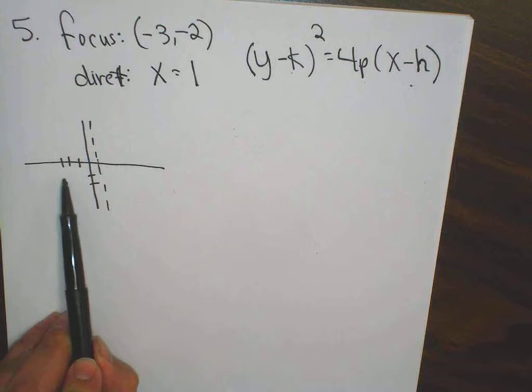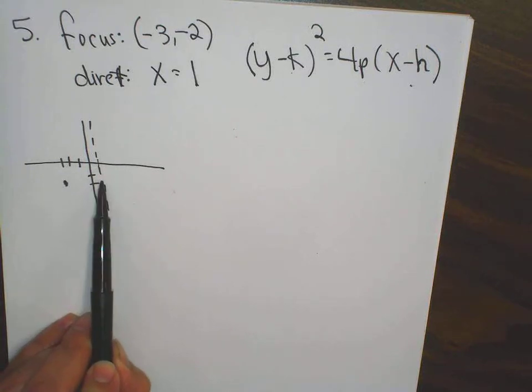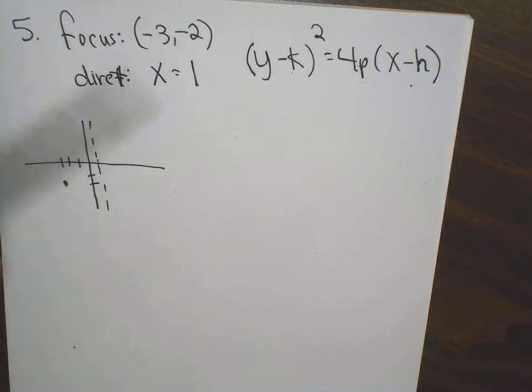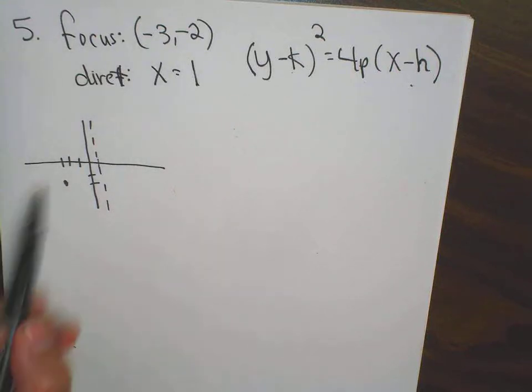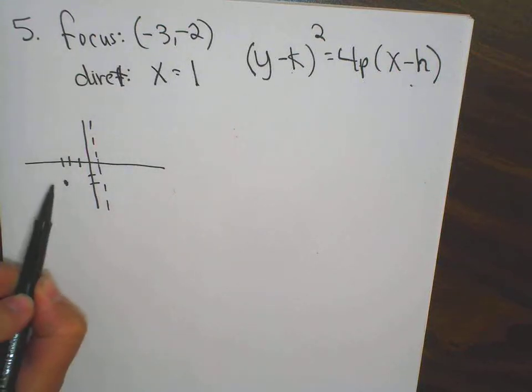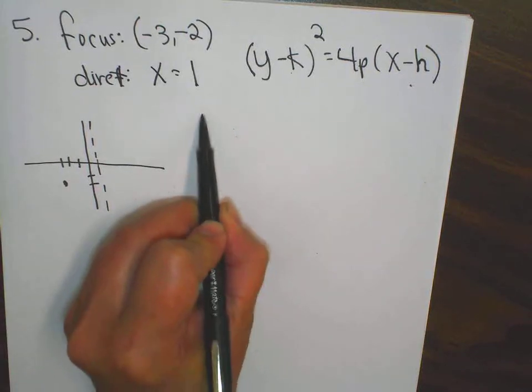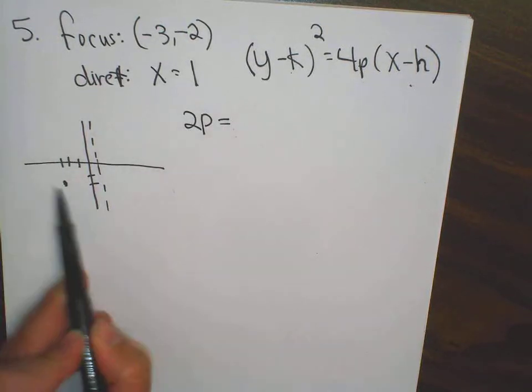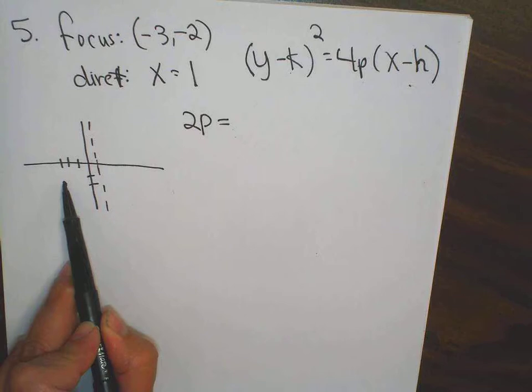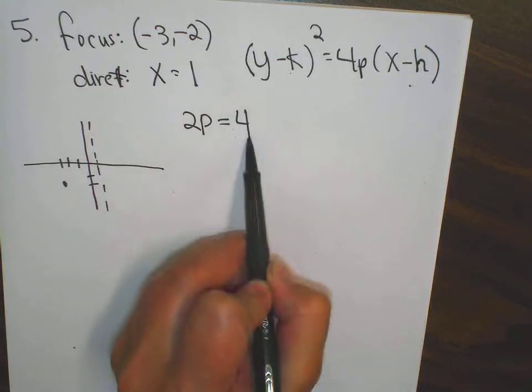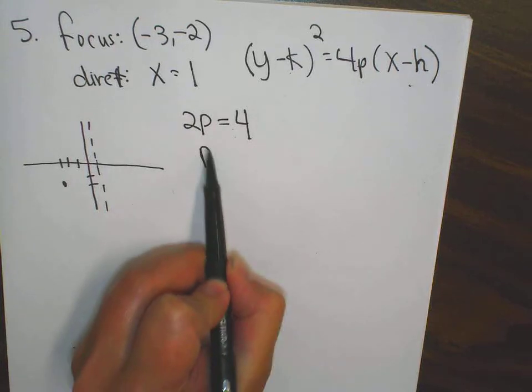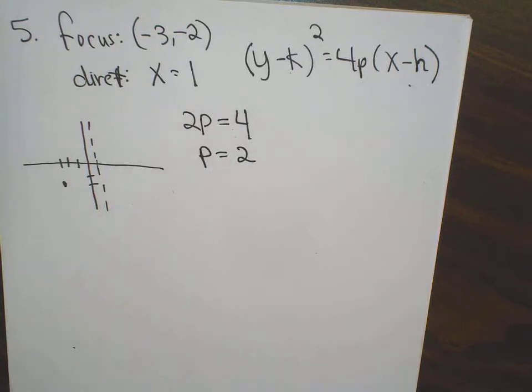So this is 1, 2, 3, 4 spaces away, or 1 minus a negative 3. So 2P, from focus to the directrix, is a length of 4. So P equals 2. That's just talking about a length, right?